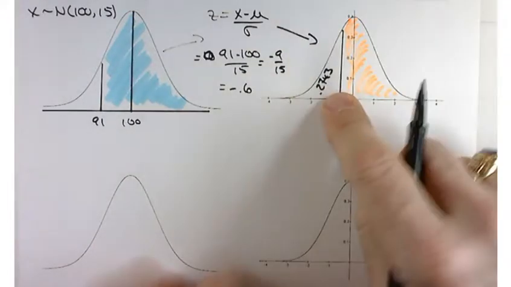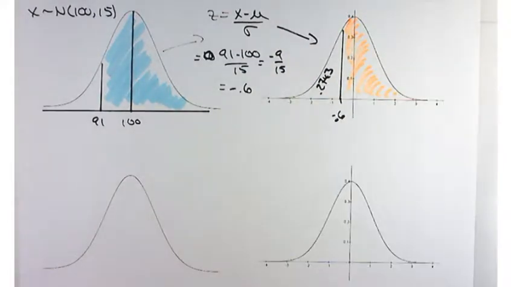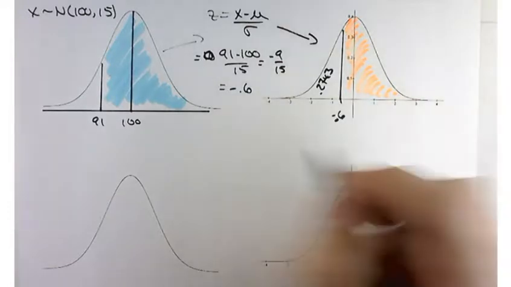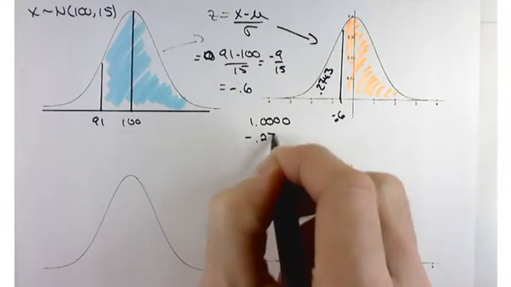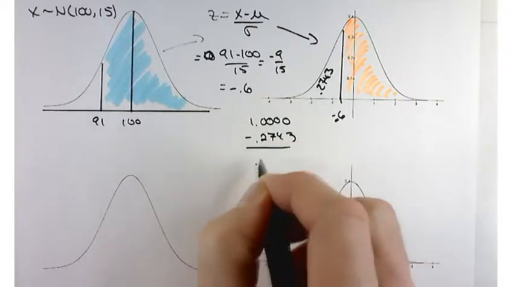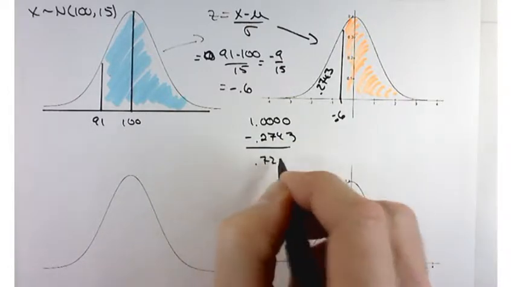Now that's this area to the left. How am I going to find the area to the right then? Yeah, subtract this from 1. So it's going to be 1 minus 0.2743, so 0.7257.